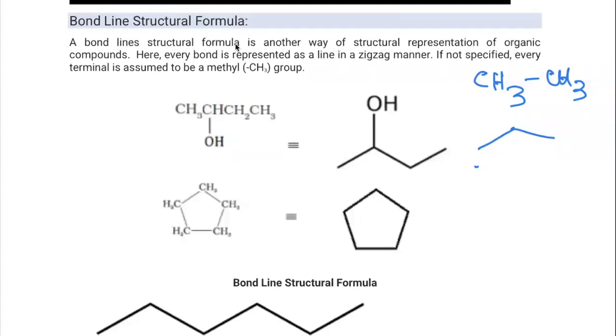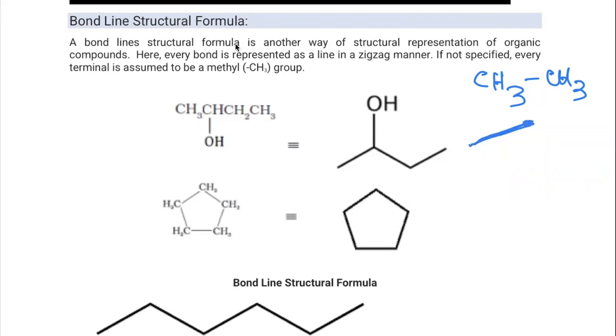If there is propane, suppose propane, this is CH3, CH2, CH3. So it will be like this. Okay, not like this. Sorry, just a second. So for ethane, it will be like this, just a single line.